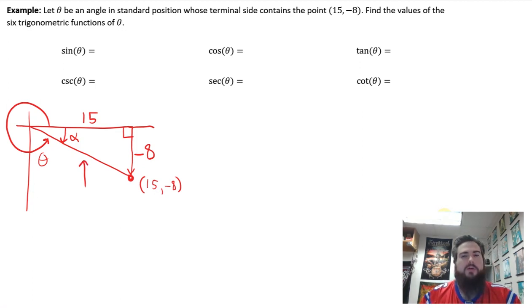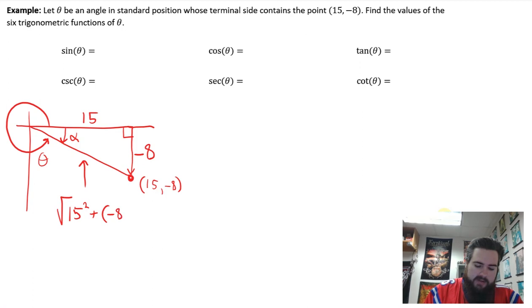If we want to determine sine, cosine, and the other trig functions, then we need to figure out the hypotenuse side, which we should be able to do simply by using the Pythagorean theorem. I can solve for the hypotenuse, which would be the square root of 15 squared plus the quantity negative 8 squared.